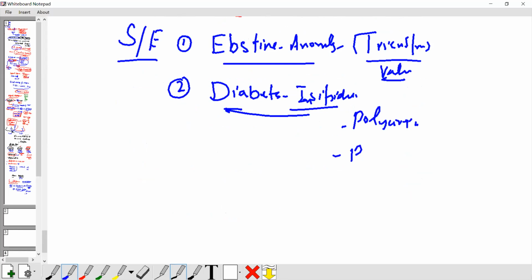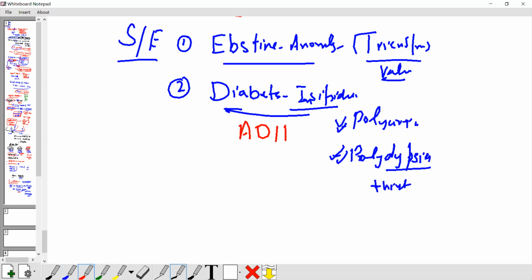Then again they go for drinking, polydipsia, excessive thirst. Dipsia means thirst, so polydipsia means excessive thirst. Okay, polyuria, polydipsia. Why does this happen? Because lithium does not allow ADH to work on the kidney. Understand? So lithium does not allow ADH to work properly, so it leads to diabetes insipidus.